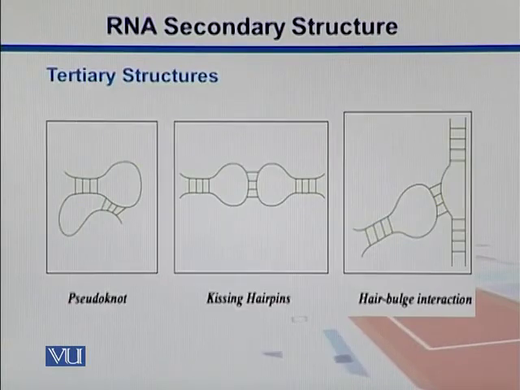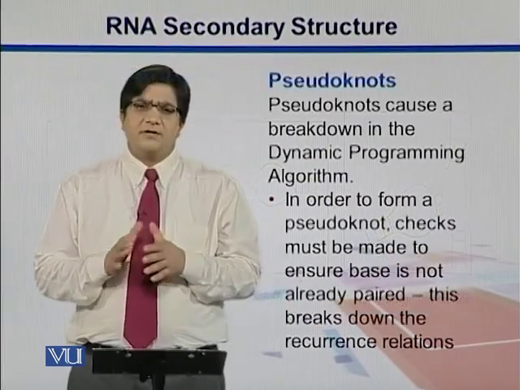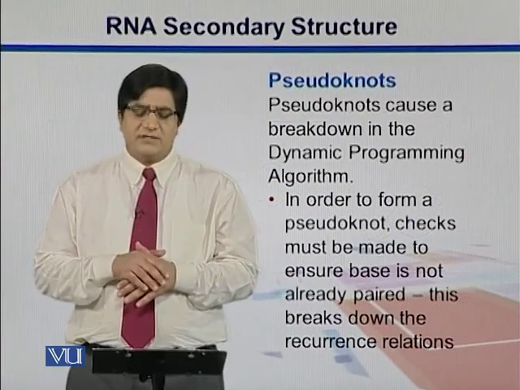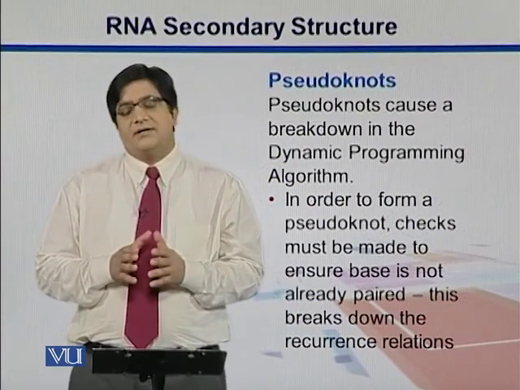Sometimes we can have two loops which are joined together, and they make different structures. We call them pseudoknots, kissing hairpins and hairpin-bulge interactions. In that case, it might go into some tertiary structures. Pseudoknots break up our dynamic programming matrices, so they create issues and should be dealt with carefully.